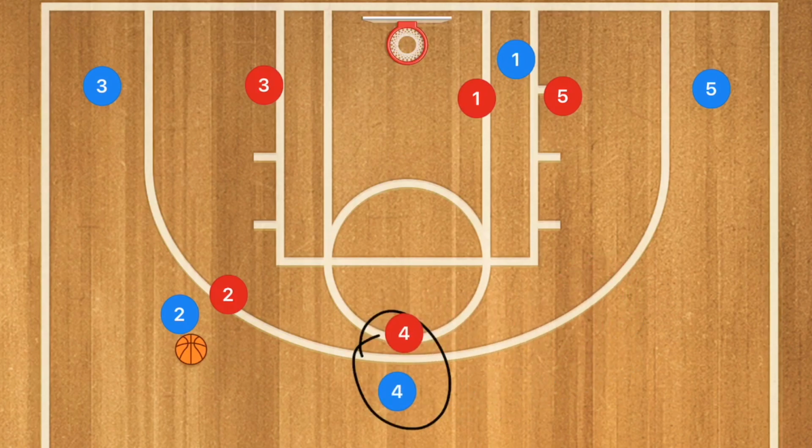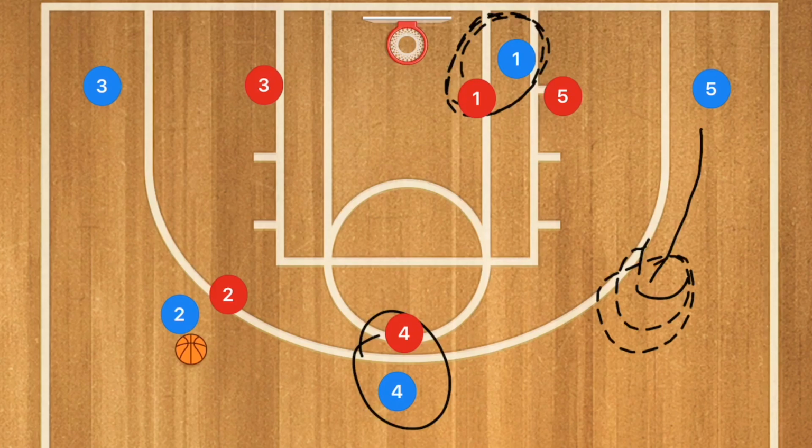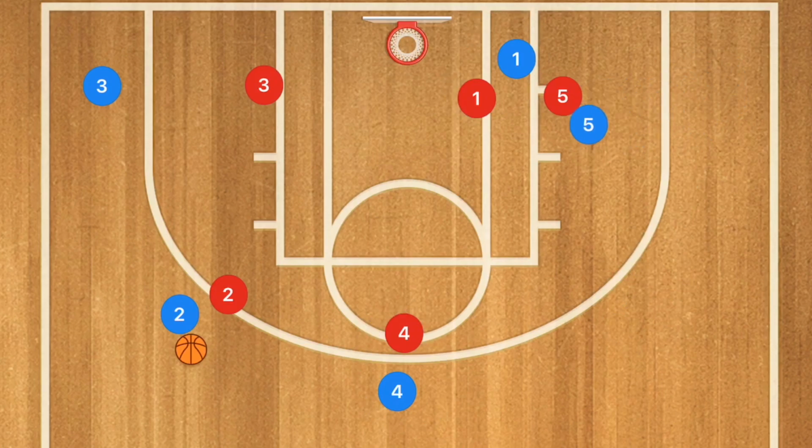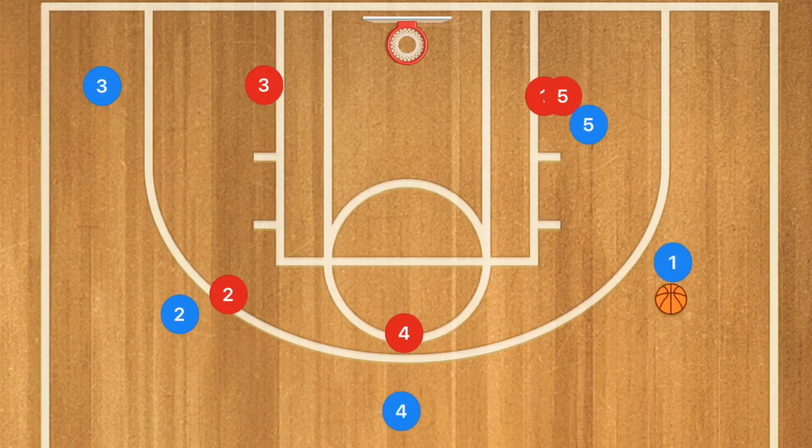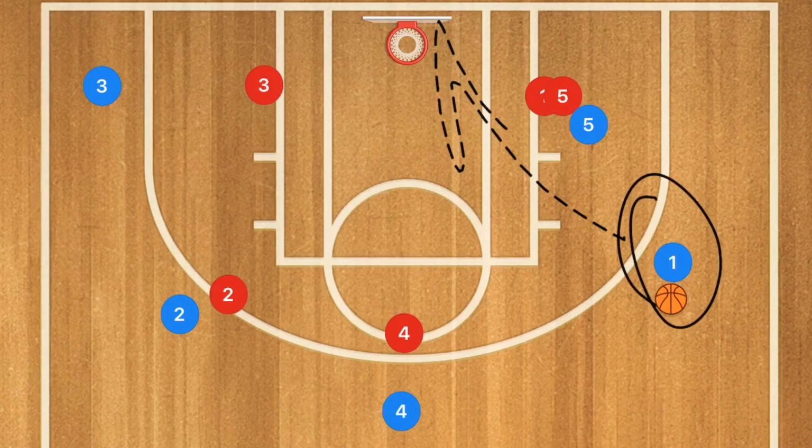If player 1 is much faster than his man, instead of player 5 filling player 4's spot, he could set up a screen for player 1. Player 1 could then pop out, and this could be a swing over to player 1 for a 3-point shot. That's only if player 1 is fast enough. So there are different options.